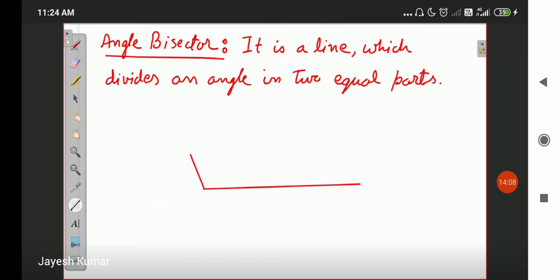Suppose this is an angle PQR and QT is an angle bisector.